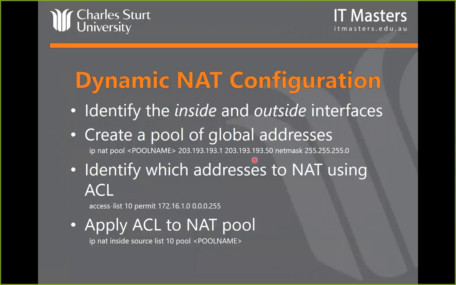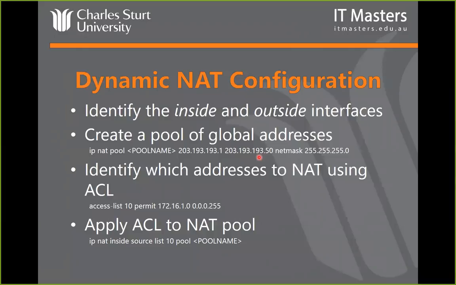Second answer is, and again, dependent on IOS, any remaining addresses, so this last address will be used as an overload. So the first 49 will be used as basically static one-to-one mappings. The last one will be used as an overload, okay? But it depends on IOS and it's not the same, okay? It's not as simple as saying that once it got to, say, 12.4 IOS, this is what they did.